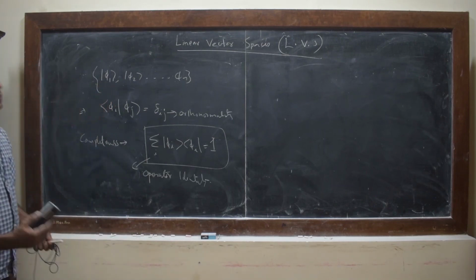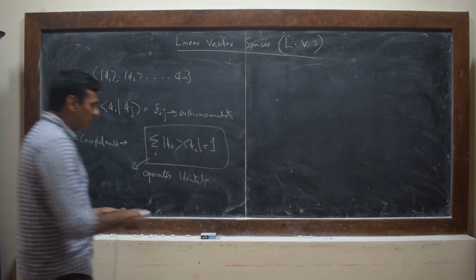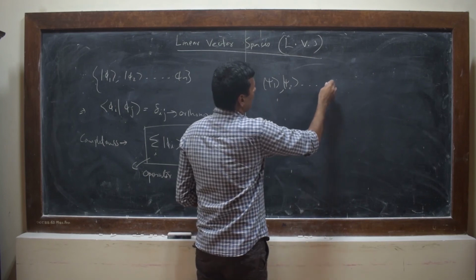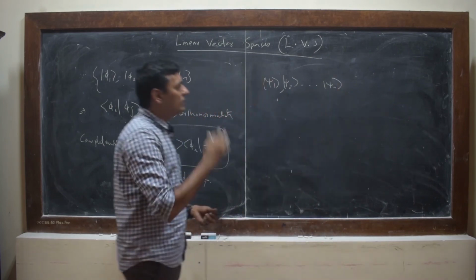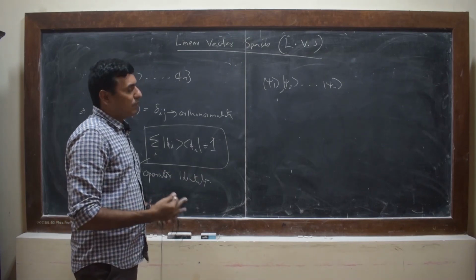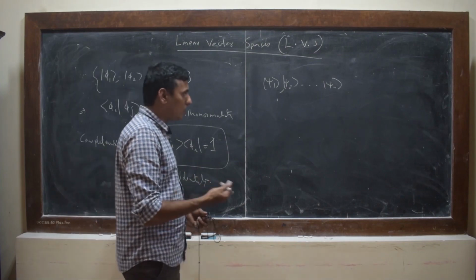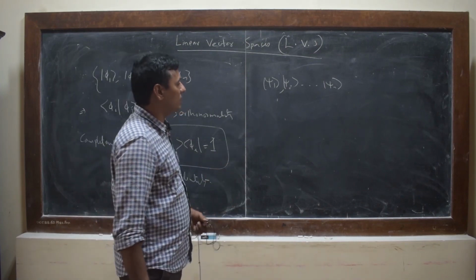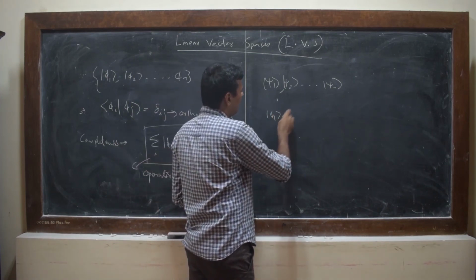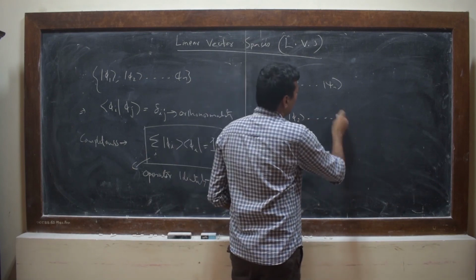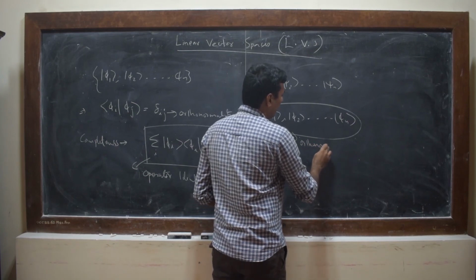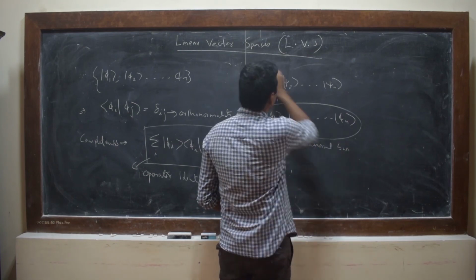Okay. And suppose now you are given a basis psi 1, psi 2, etc. up to psi n. This is a basis, but this is not an orthonormal basis. Suppose phi 1, phi 2, up to phi n is an orthonormal basis, and this is just a basis.